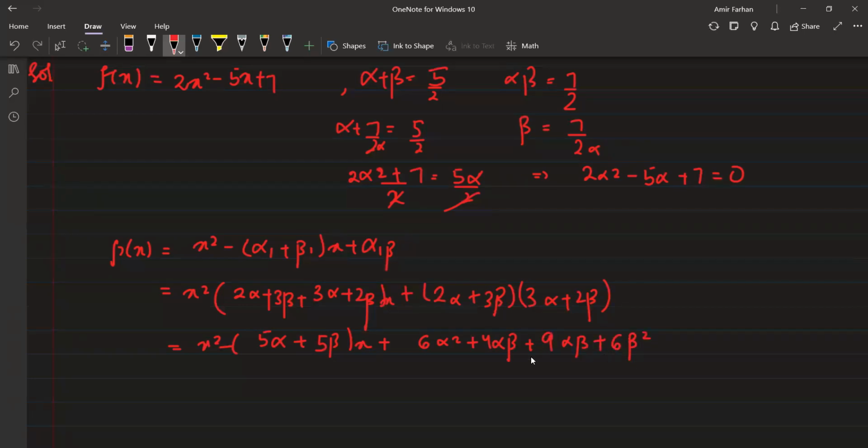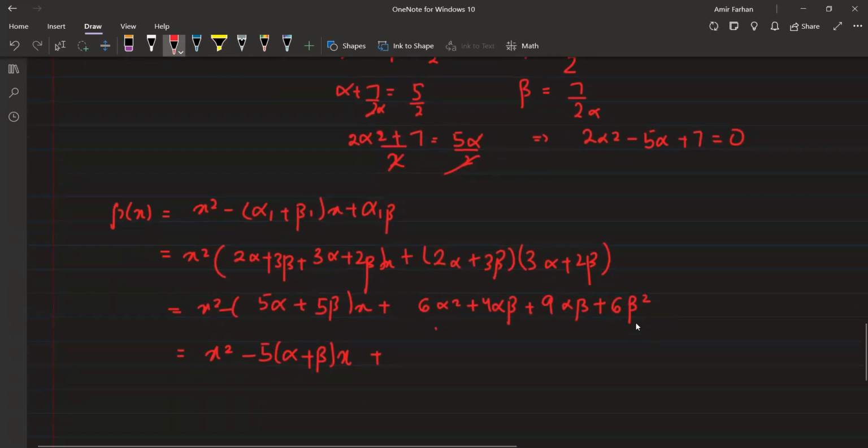You are saying this? Minus 5 alpha plus beta x plus, if you take just this alpha beta square.